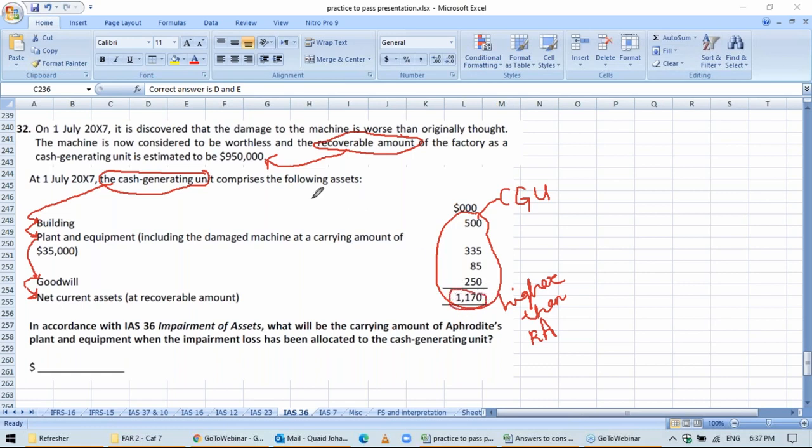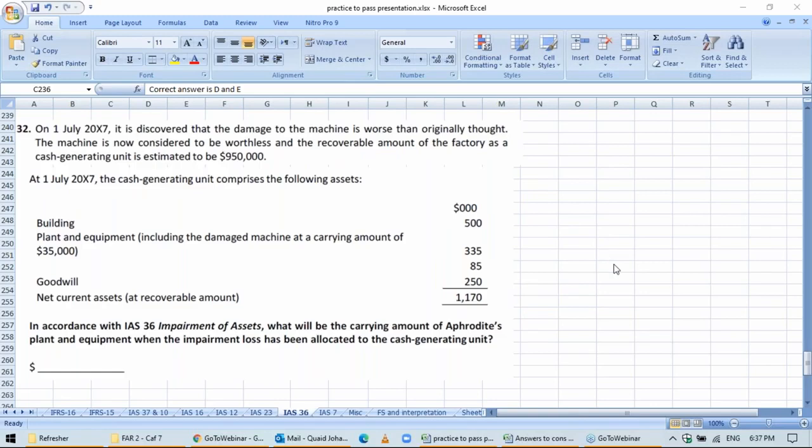And what is the recoverable amount? The recoverable amount is 950. This amount, which I'll be marking in blue in a short while, is 950,000. This is the recoverable amount, right? And the carrying value is more than this amount.